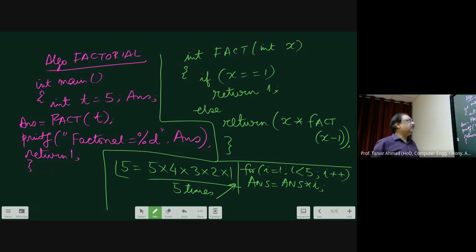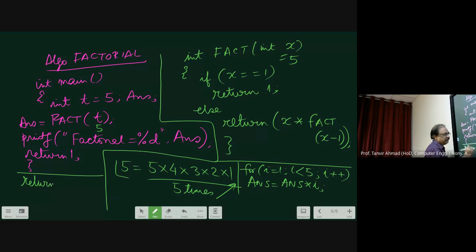Now let us try to analyze how this function works. Let us start here. You put t is equal to 5, and the value of t will become 5. This is a call by value, therefore x will get the value 5, because you are passing the value. Now, if x equal to 1 is false, it will come to the return statement.